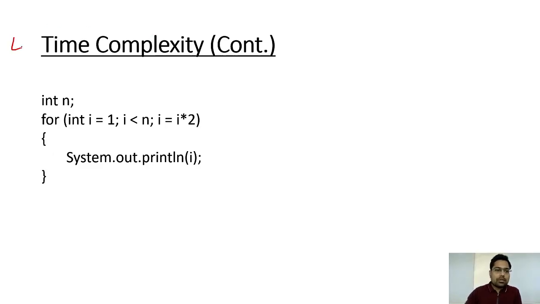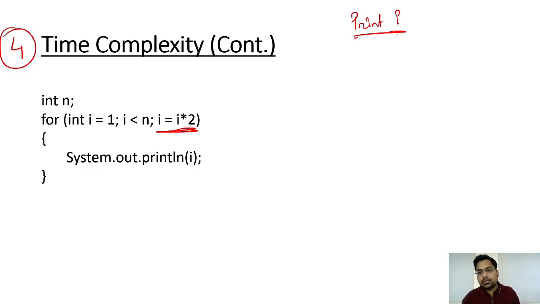Then the fourth: here i is getting multiplied with 2, so your target should be how the output will look. In that case you can check the printing condition. Suppose we print i. When i is 1, let us take n to be anything, 10, 20, 50, and it should be less than that.